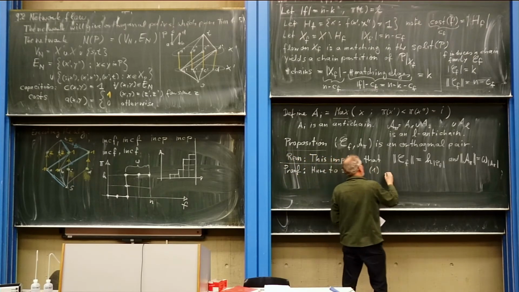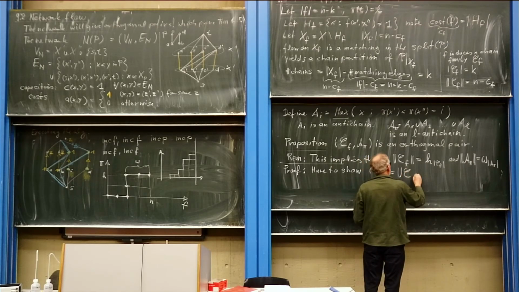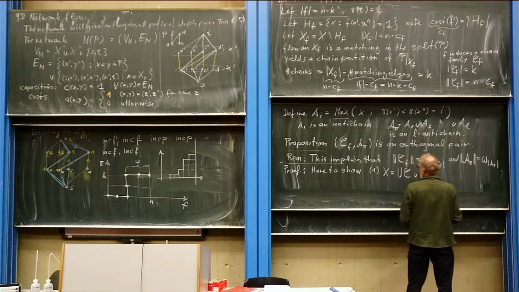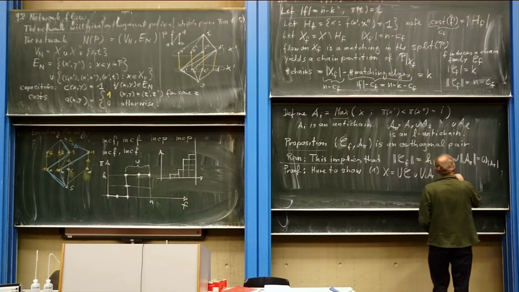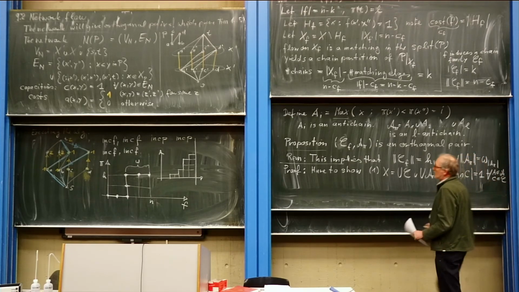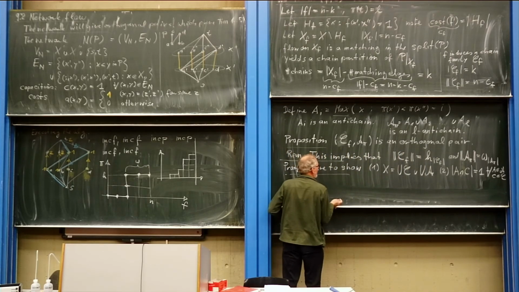First, that if we take the union of the two things, then we get all the vertices. And the second thing is that the intersection of A and C is equal to 1 for all A in the antichain family and C in the chain family. Good. Let's start with the first one.